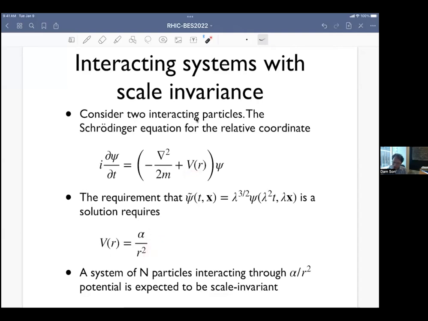So when the interaction potential has dependence on the distance between particles, 1 over r squared, one can repeat the mathematical manipulation and check that the scale invariance is still valid in this case. A system of n particles interacting through a pairwise 1 over r squared potential should be scale invariant. That is according to this simple argument.